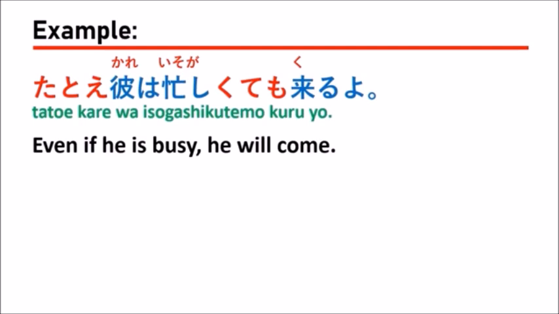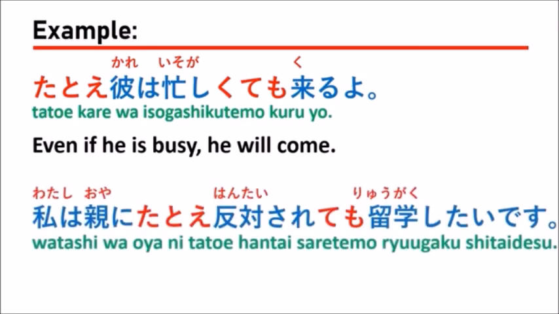But after that they follow with kutemo. By following with the grammar, this is the correct one. So you can say isogashikutemo kuru yo. In this sentence, you can translate to English like, even if he is busy, he will come. Kuru yo means he will come.